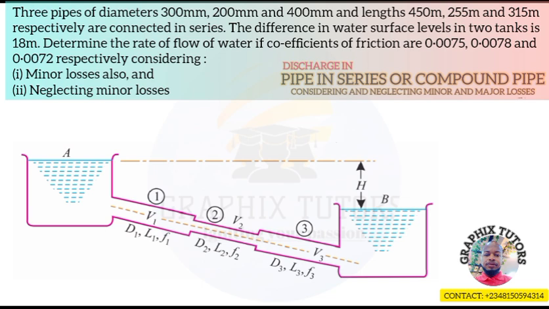So there is a general formula that you use to connect pipes in series to two tanks.